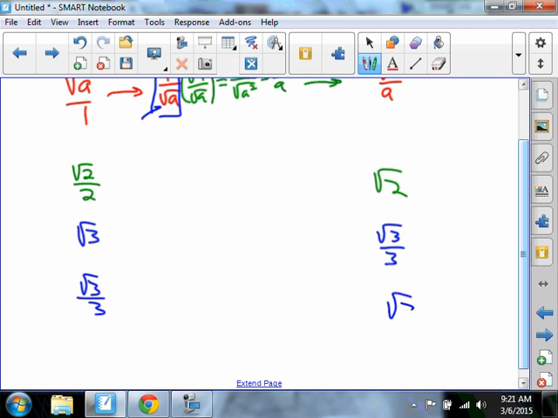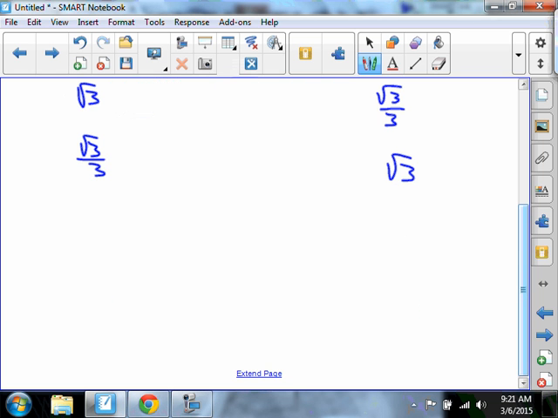Rad 3, right? Now, what's the reciprocal of 1/2? 2, good. What's the reciprocal of 1? It's still 1.